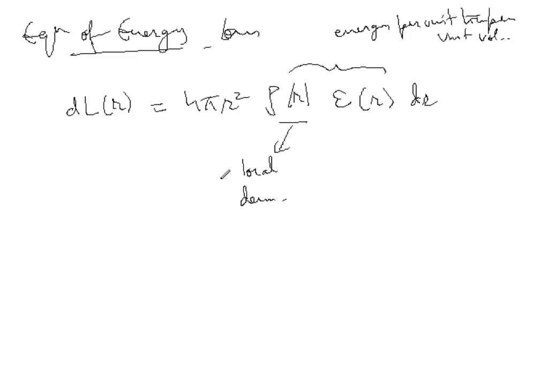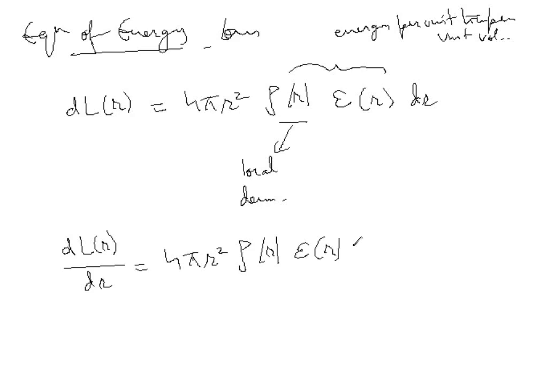Now this equation we can write in this form: dL(r)/dr is equal to 4 pi r square rho(r) into epsilon(r). And this is the energy conservation equation, or sometimes also known as the energy equation.